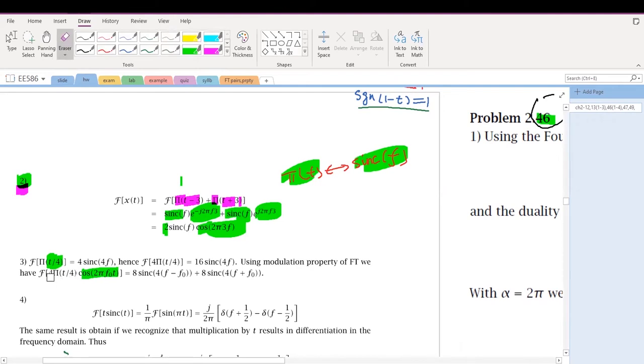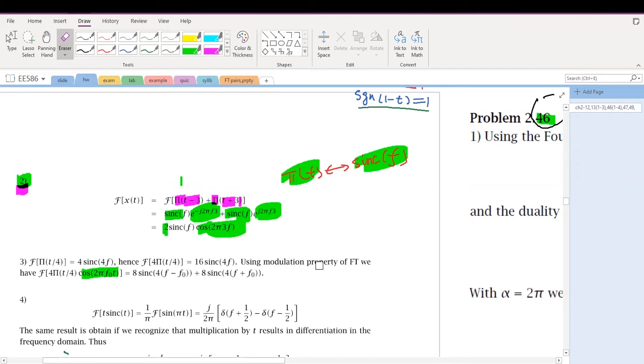Now let's obtain the Fourier transform of this portion. First of all, let's use the scaling property. The Fourier transform of pi(t divided by 4) equals 4 sinc 4f. And then there's a scalar at the front, 4, and 4 and 4, that's 16.